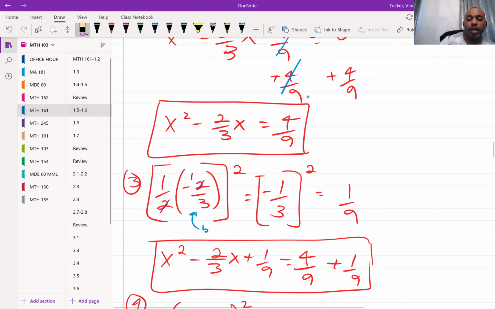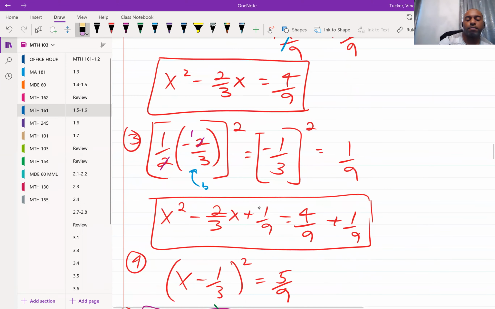Then we add that 1/9 to both sides of the equation, and that's the end of step 3.